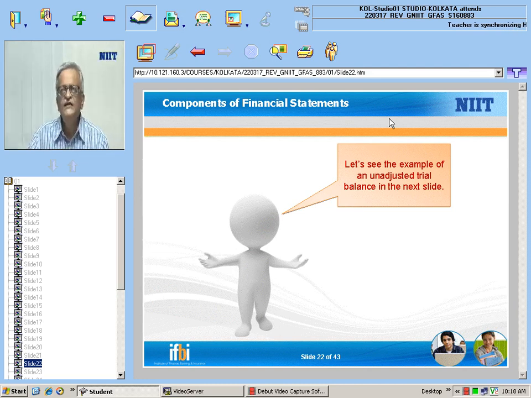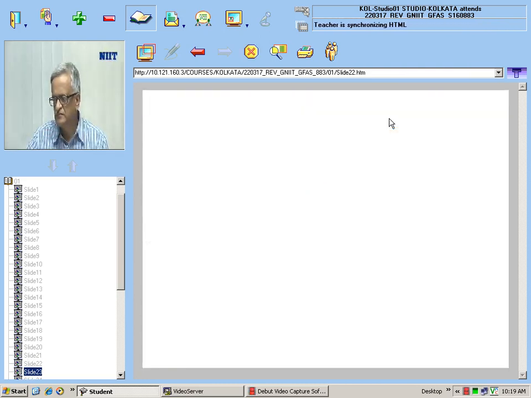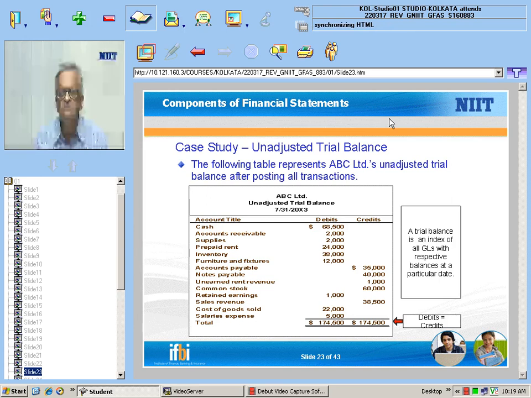So let us see an example of an unadjusted trial balance in the next slide. This is an example of an unadjusted trial balance, that means before the accrual and deferral are taken into account.